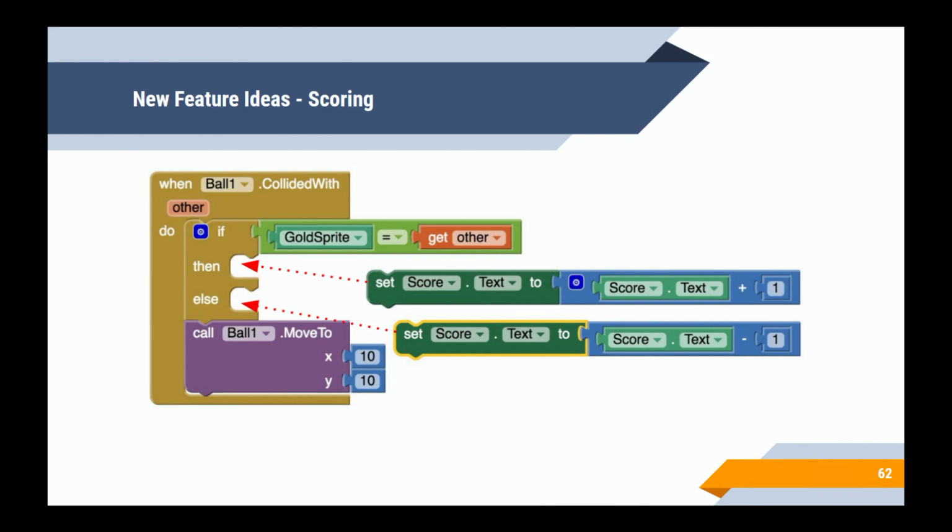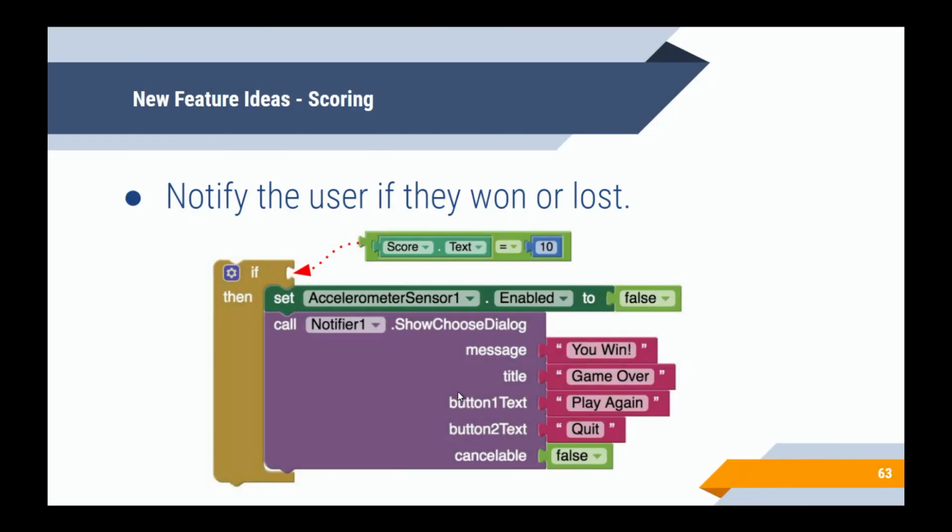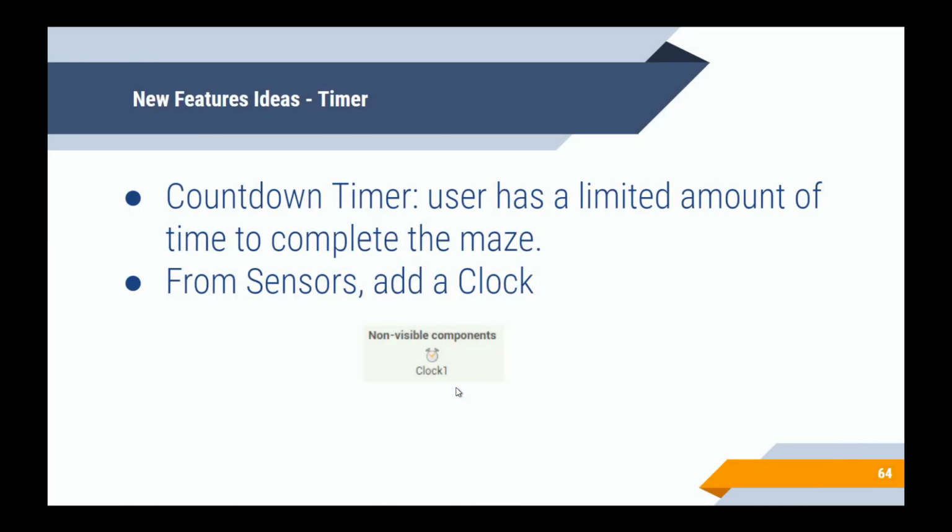So for scoring, I give you some ideas of how scoring could work. You might want to create a label, play with your layout a little bit about where that would be, and then add or subtract points. You could also notify the user if they won or lost, kind of like how we just used the notifier.